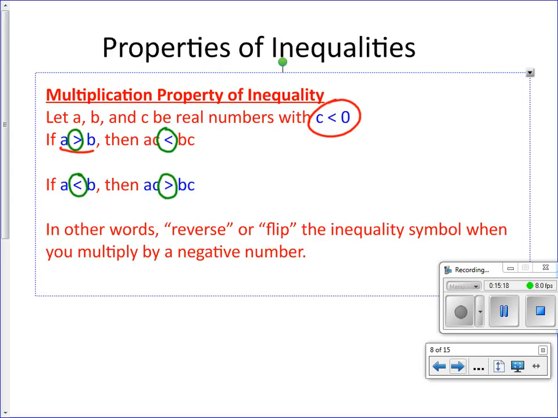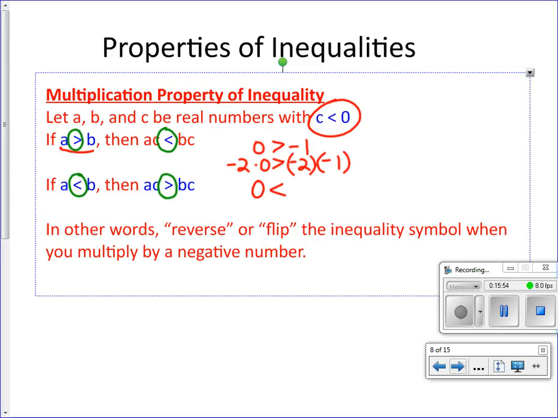All right, let's take a couple of examples. We'll take A is greater than B. Let's take 0 is greater than -1, and I'm going to let C be -2. So if I take -2 times 0 and -2 times -1, I see that -2 times 0 is 0, and I'm going to have to flip my inequality symbol.